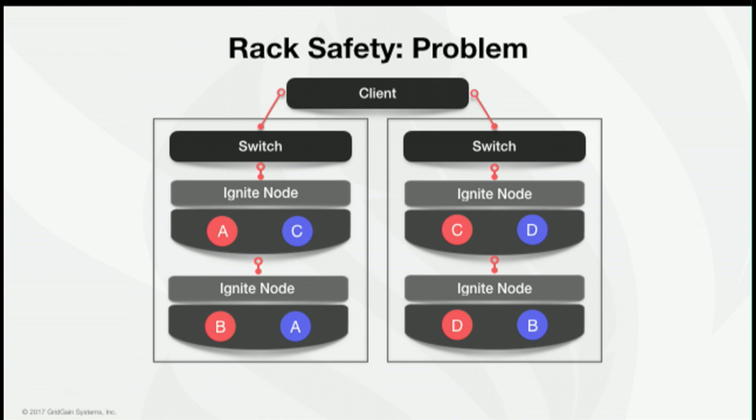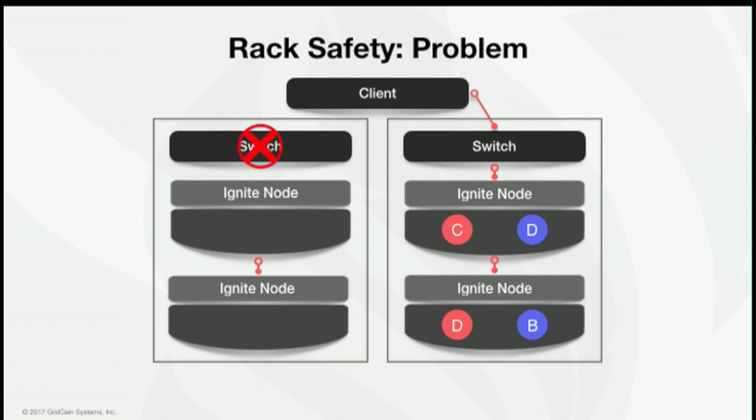So basically, 2 nodes on the first rack, and the client accesses this node through the switch, and the same happens here. And let's imagine that we lose not a single node, but the whole switch, and basically the whole rack of nodes, and all the data on this rack of nodes is gone.